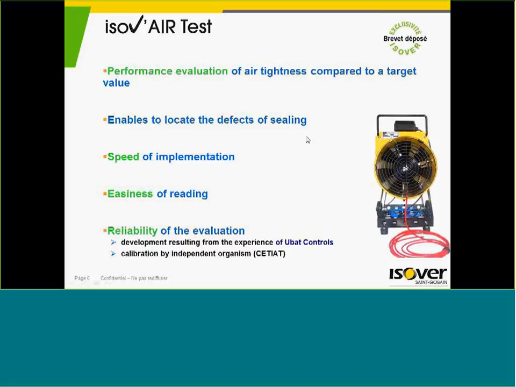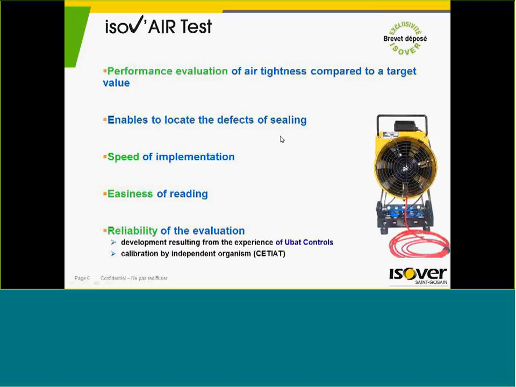You have a door to put instead of the real door, you put the big ventilation in the special door, turn the button, and enter the real surface indicated by the control desk, to perform an evaluation of airtightness compared to a target value.